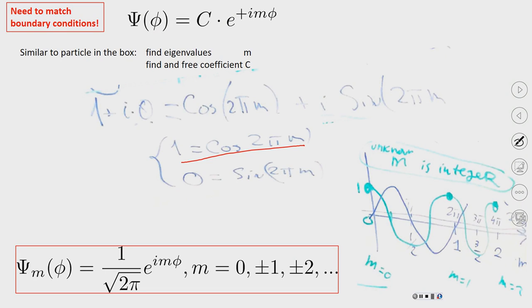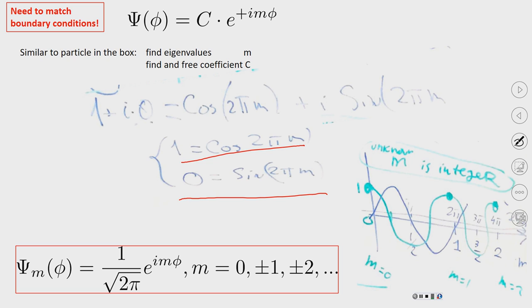Right? And if I'm very tired and lazy, I'll solve the equation graphically. So just draw the function, oscillating cosine, and look for the points when it is equal to 1. Cosine will be equal to 1 when the argument is a multiple of 2 pi, right?